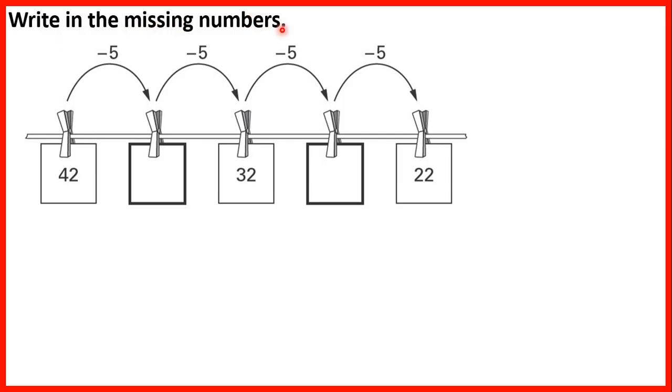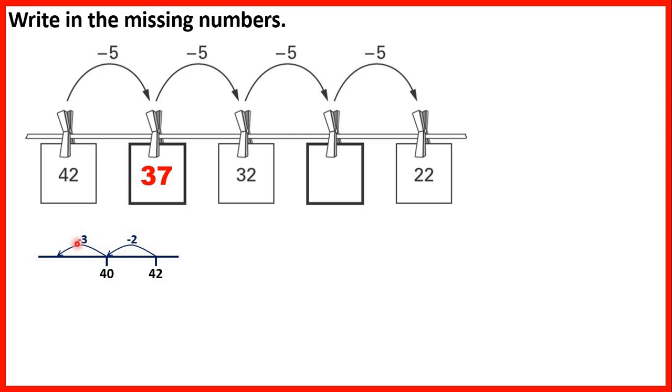Write in the missing numbers. So we can see that the rule for this sequence of numbers is subtract 5. So to find this number here, we need to work out 42 minus 5. That's 37. And we can work this out mentally because from 42 we can subtract 2, so subtract the ones to get to 40, but that's subtracting 2 and we want to subtract 5.